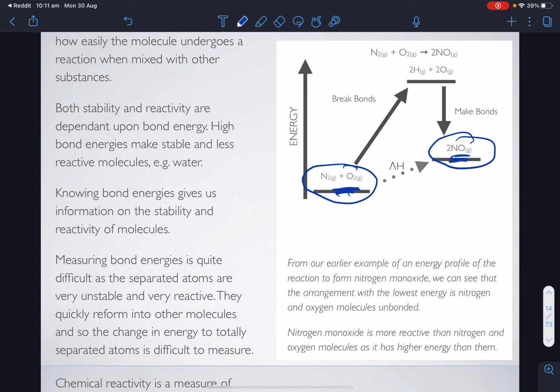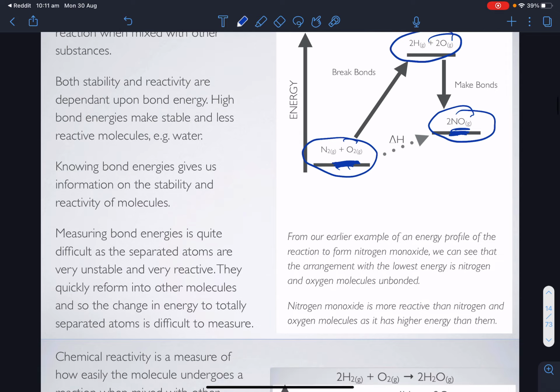Nitrogen monoxide is more reactive and less stable. And again, the separated atoms are the least stable and the most reactive. Okay, higher up in energy, more reactive, less stable.